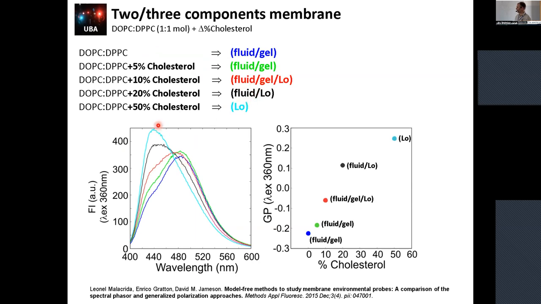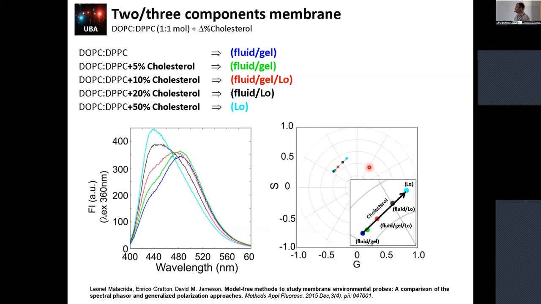If you capture the spectra and then you transform it to the GP, you see that you get some kind of trend of increasing GP with the liquid order occurrence, so with increasing cholesterol. Well, if you want to understand, perhaps you need to propose a model. And a model can be very complicated, and you need to have a physical explanation for the model.